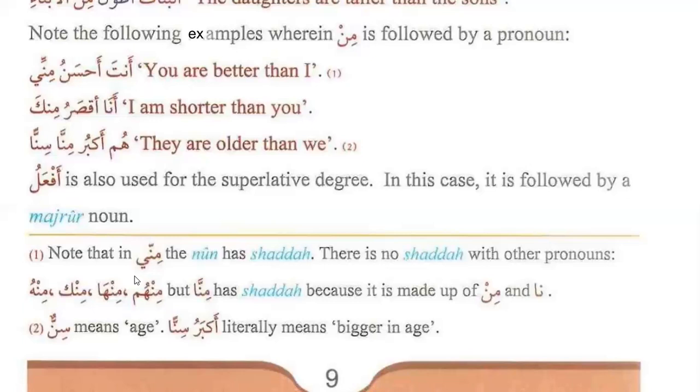For humans' age, we usually use akbaru in Arabic. Akbaru is bigger. So literally, it means that they are bigger in age than us. Literally, it means this, but it is used in the sense of age. They are older than we. Qadim is usually used for things. Anybody else? Any question?